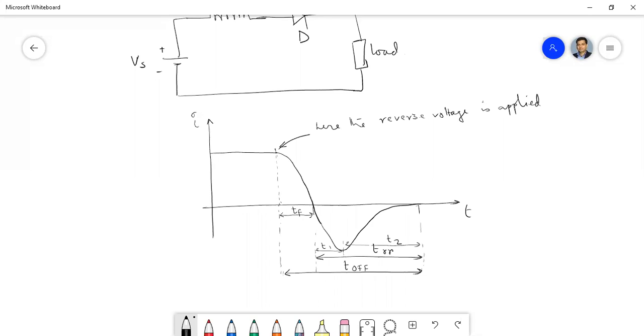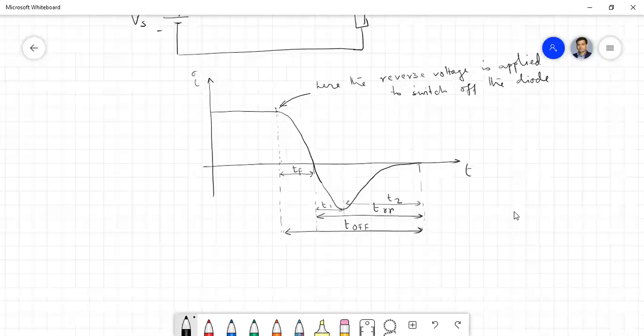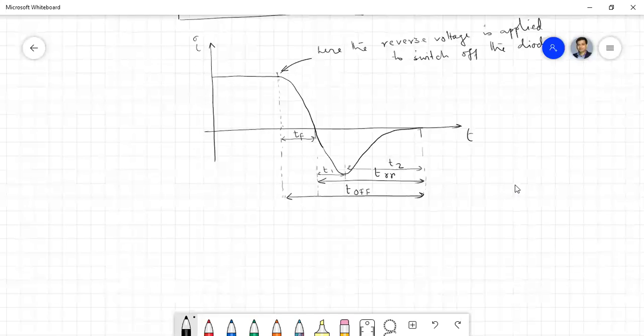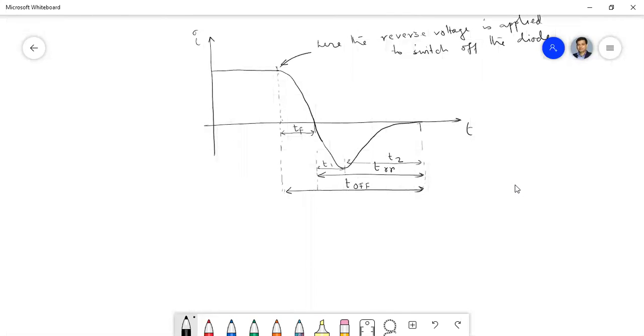To switch off the diode. Then this phenomenon occurs. This is called the reverse recovery phenomenon. You have understood? Okay. Yes, sir.